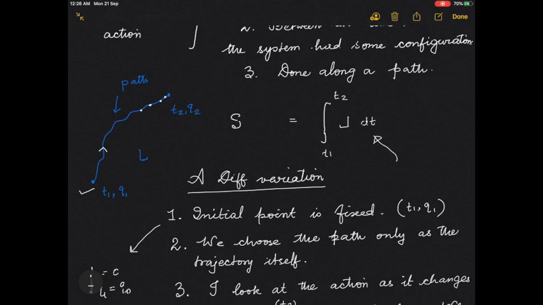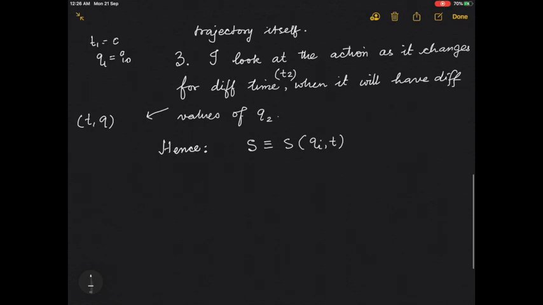Now, if I look at this equation, I can write L as dS/dt, because that is apparent from this equation. Let us go step by step. That equation now becomes S as a function of qi and t is just the integral from 0 to t of L dt.